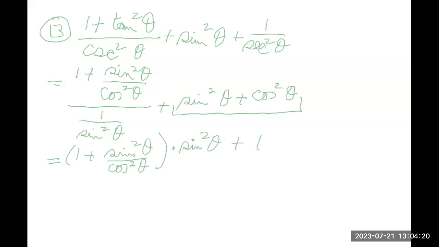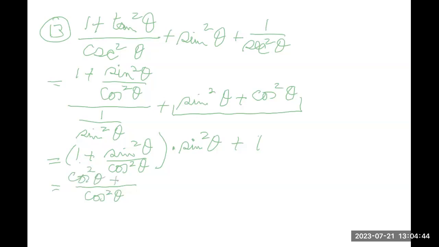And then let me add the two terms in parentheses using a common denominator of cosine squared theta. So the first term would become cosine squared theta over cosine squared theta, so that's just cosine squared theta in the numerator.